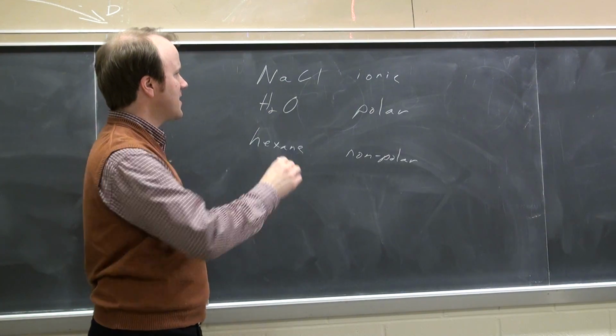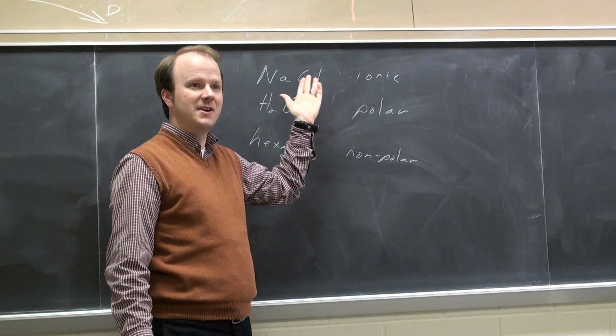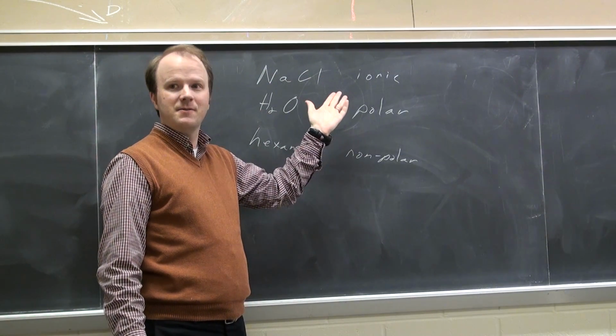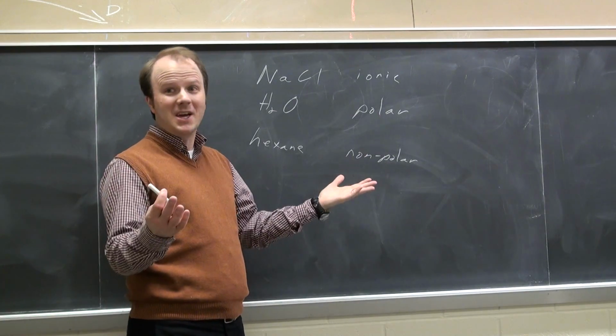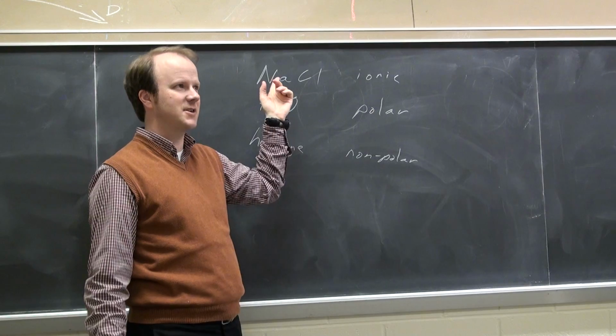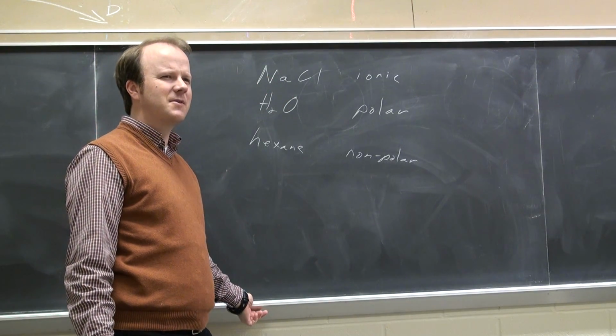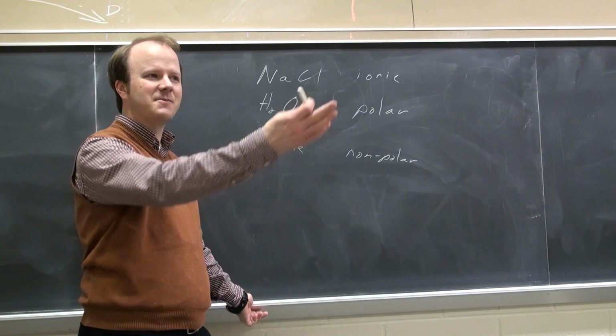So what's the electronegativity of sodium versus the electronegativity of chlorine? You know, it's got to be big, right? Because this is ionic. So the electronegativity difference is big. The electronegativity of sodium is something like 1.3, 1.5. Oh, someone's got their table.